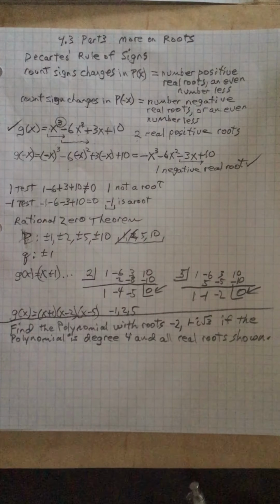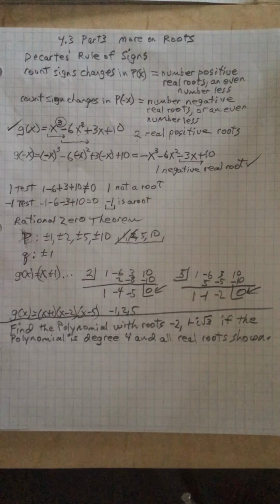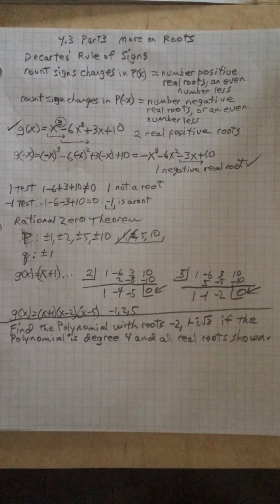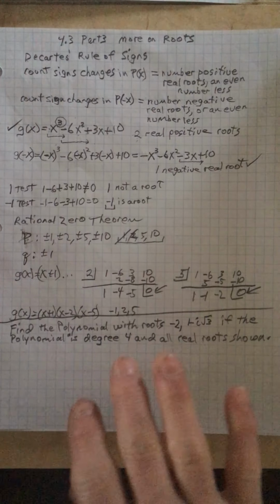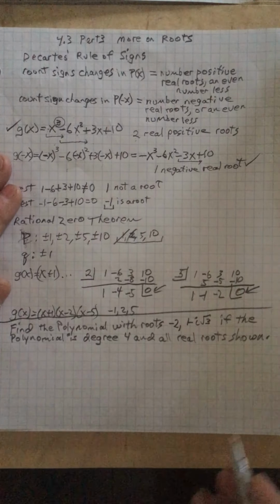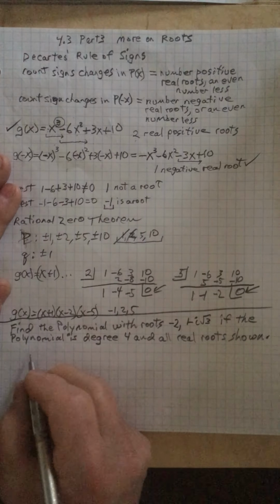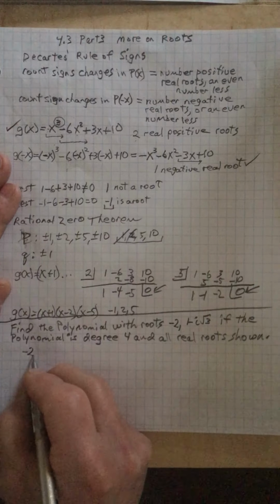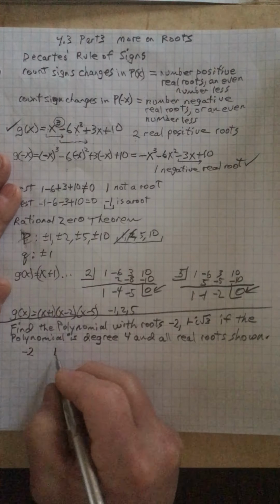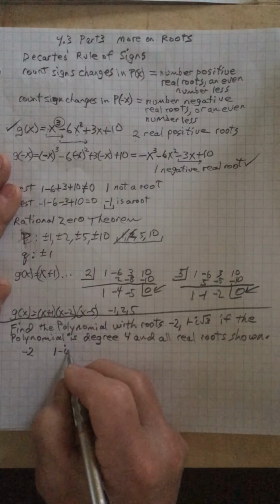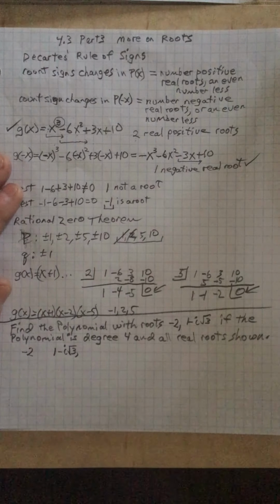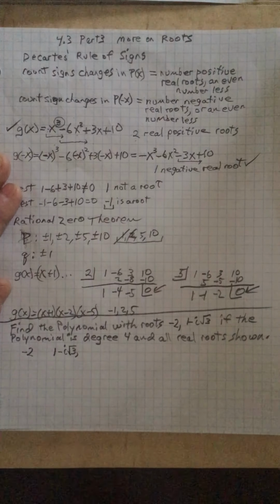It looks like we have a problem here. If it's a 4th degree polynomial, we're going to need 4 roots. And according to this, all the real roots are shown. Okay, let's zero it down here. I have a root of -2. I have a complex root. But if you recall, whenever you have a complex root, the conjugate is also a root.